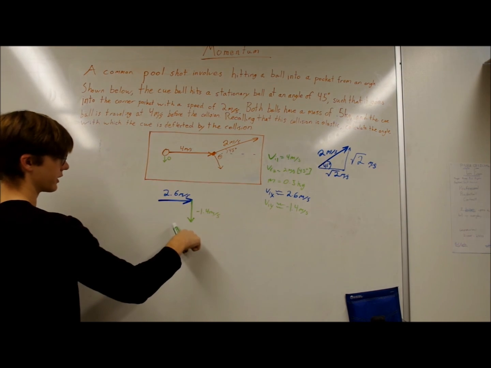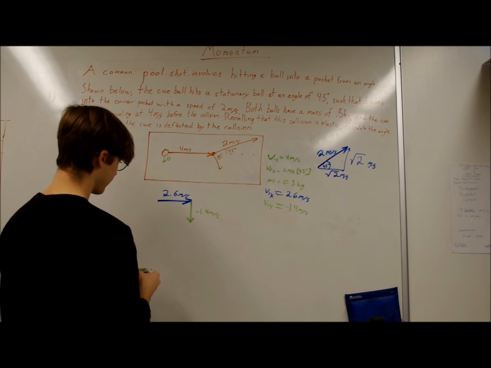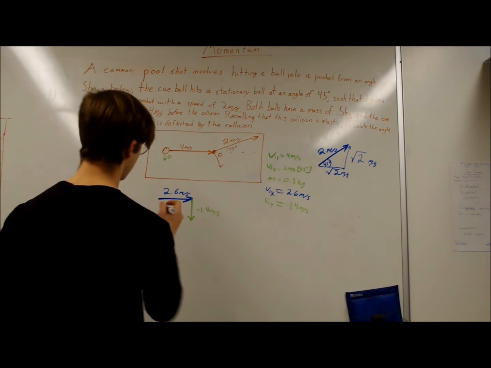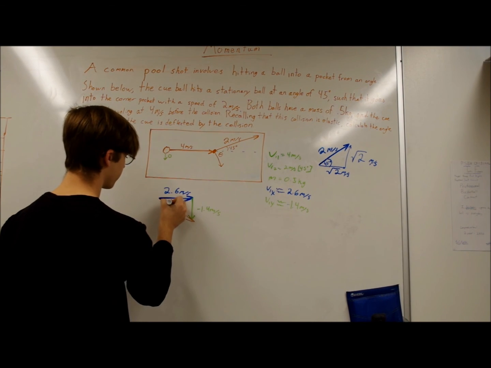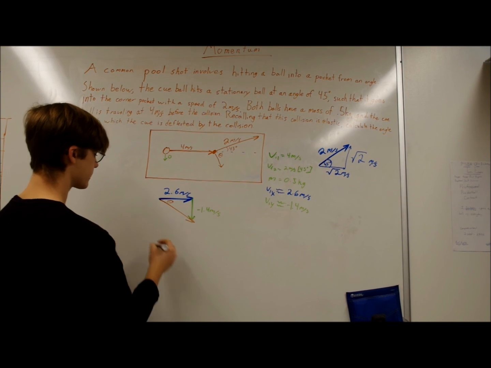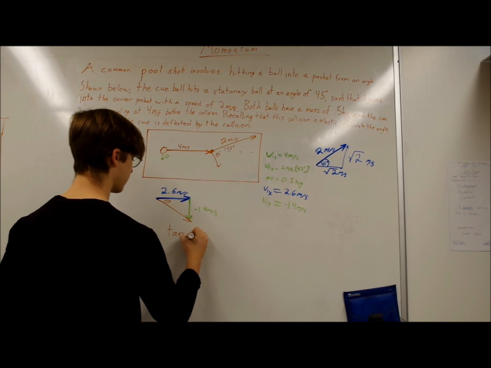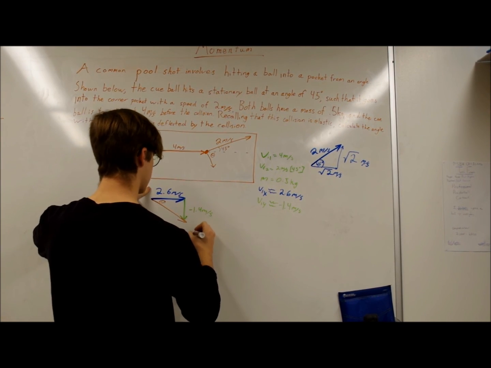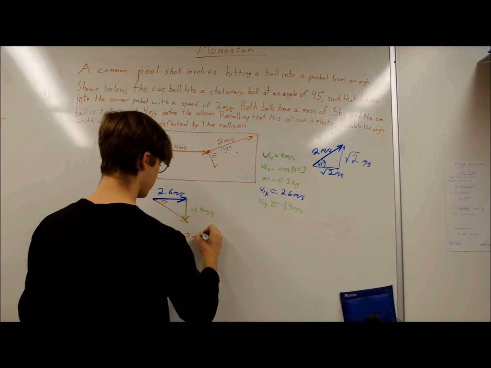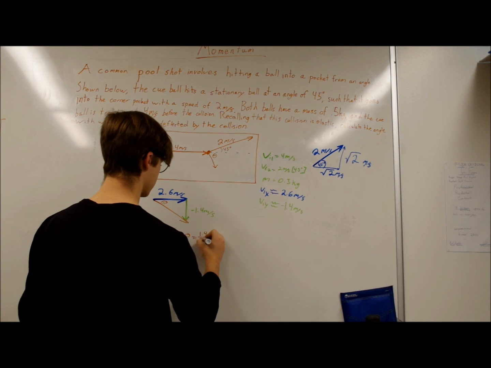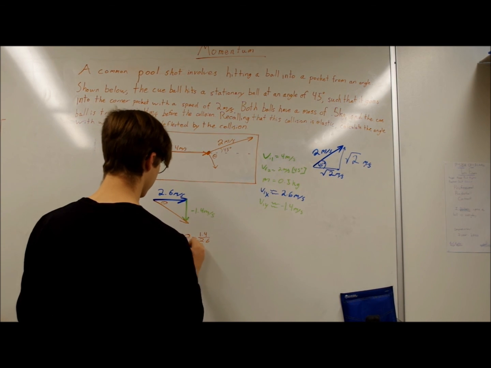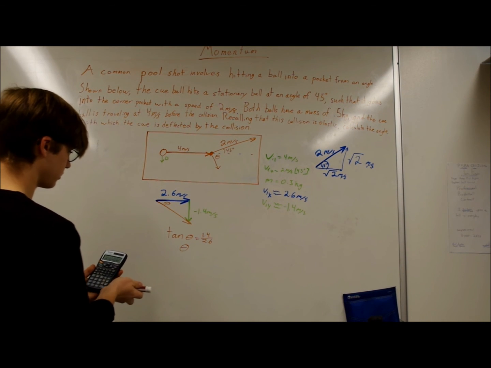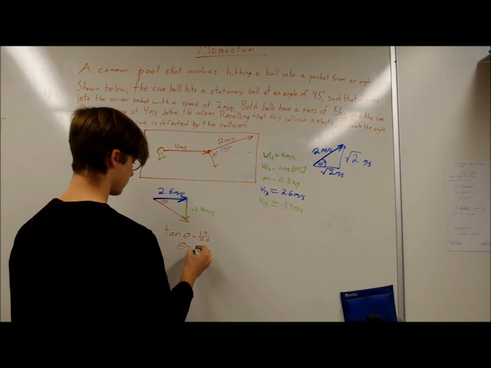And the negative just means it's going down instead of up. And we are looking for the angle theta here. We can solve this with tan theta equals opposite over adjacent, except the negative goes away because now it's a triangle. So 1.4 over 2.6. And so our theta will equal 28 degrees.